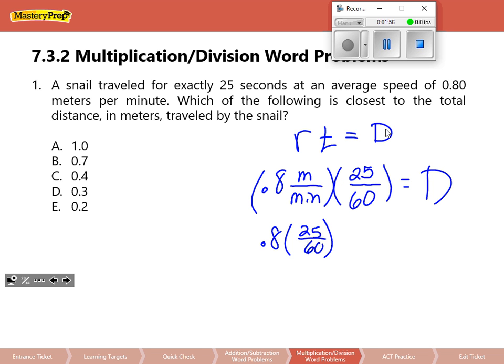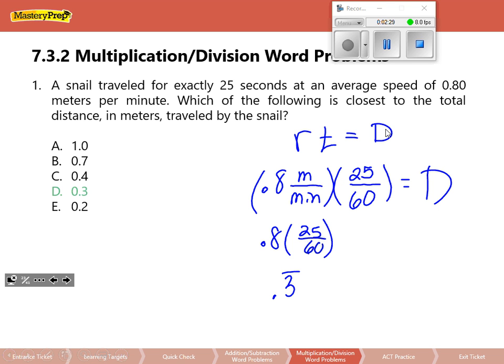Which would give us 0.333, and that's closest to what? 0.3. So the amount of distance traveled is 0.3.